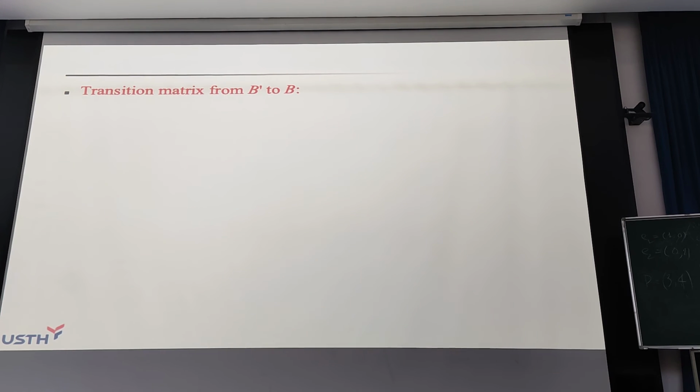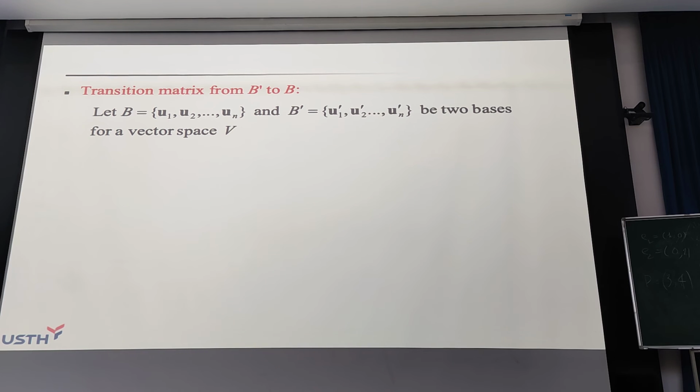We are going to define a matrix to change from B prime to B and from B to B prime. Suppose that B is that and B prime is that. You need to remember that the number of vectors inside B and the number of vectors inside B prime are the same. They are n.